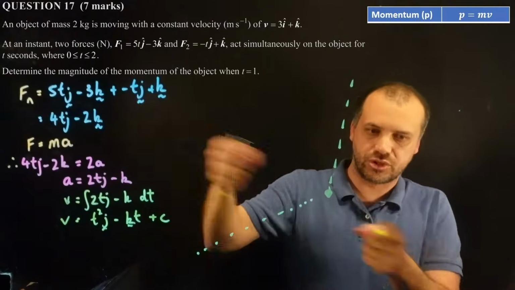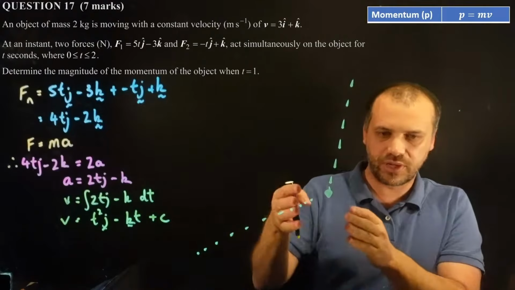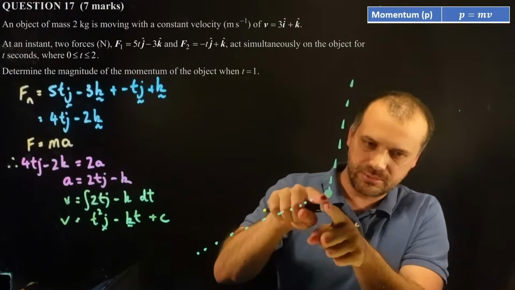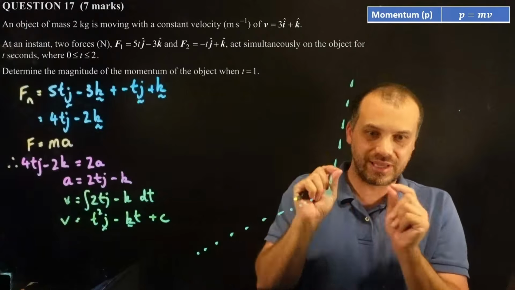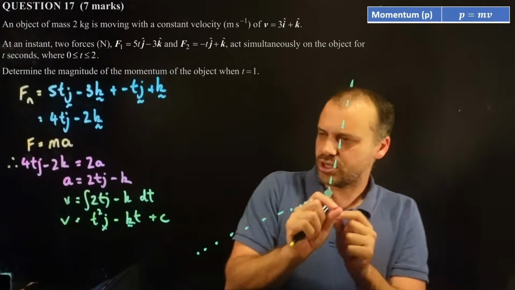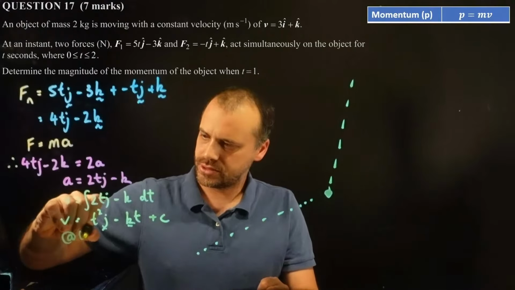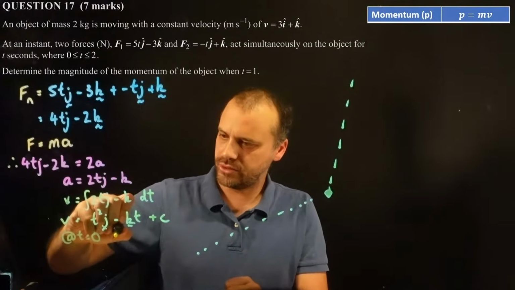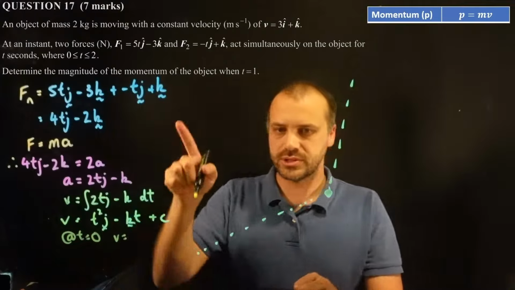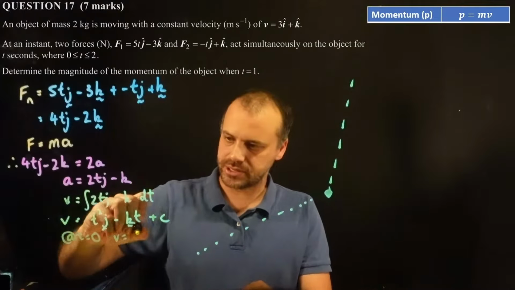Yes, it was doing stuff beforehand, but in terms of this question, this moment when the two forces hit it, that's time 0. So at t equals 0, velocity equals 3i plus k.